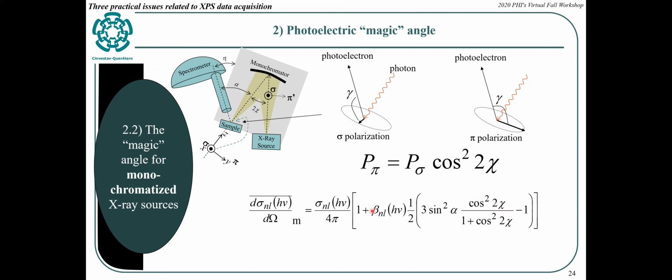Now, if you want to find an angle alpha such that this differential cross section won't depend on the asymmetry factor, you need an alpha, this angle, equal to a value of 58.7. It's no longer 54.7. All this is described in this paper that was published 10 years ago.